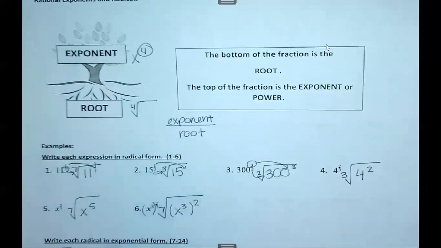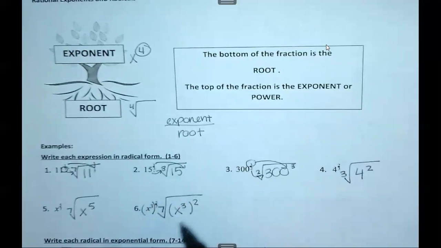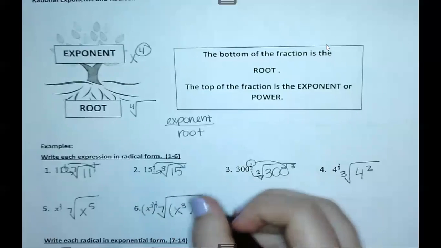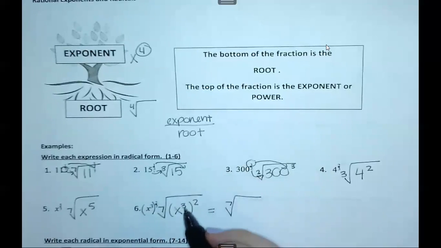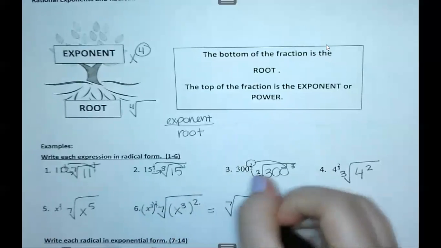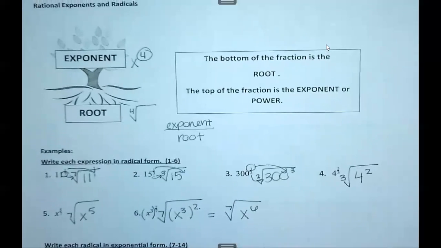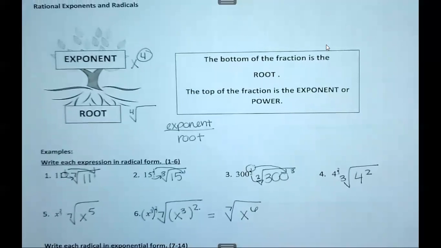So we would write it just like this. Now, when you have a power to a power, remember our rule is to multiply. So you could multiply here. So I would have 3 times 2, which is 6.